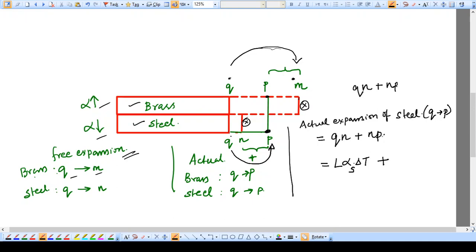What is Np? This is the elongation that is produced due to the pulling action of the brass.